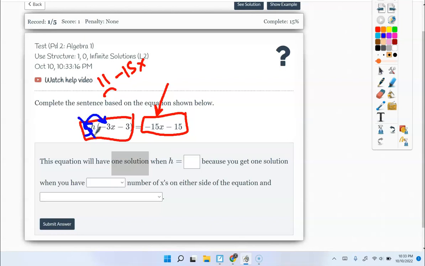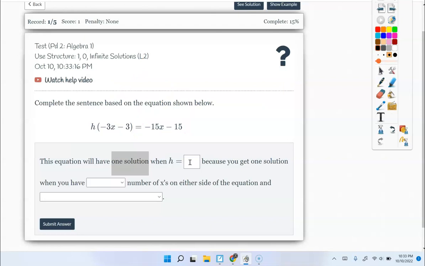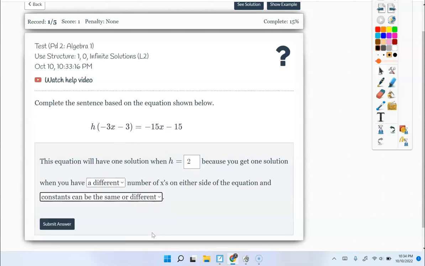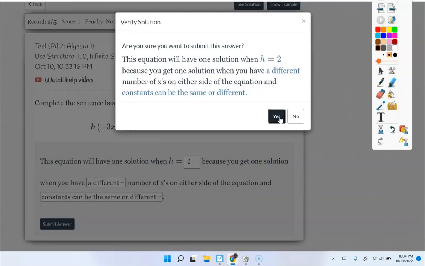So I can pick any number that's not a 5. Any number that's not a 5 will work. So I'm going to pick a 2. And that's because you will get one solution when you have a different number of x's and the constants don't matter. They can be the same, they can be different.